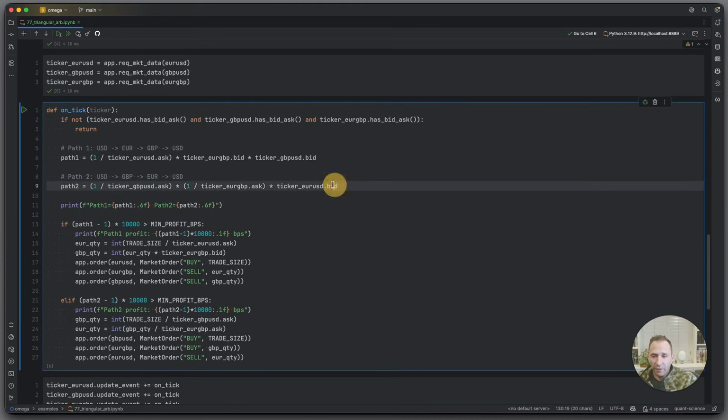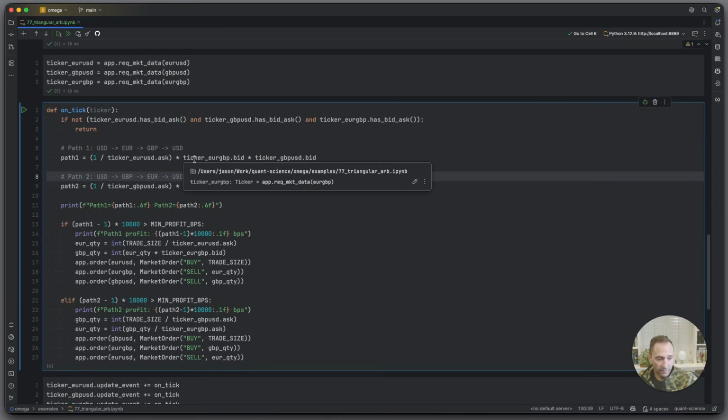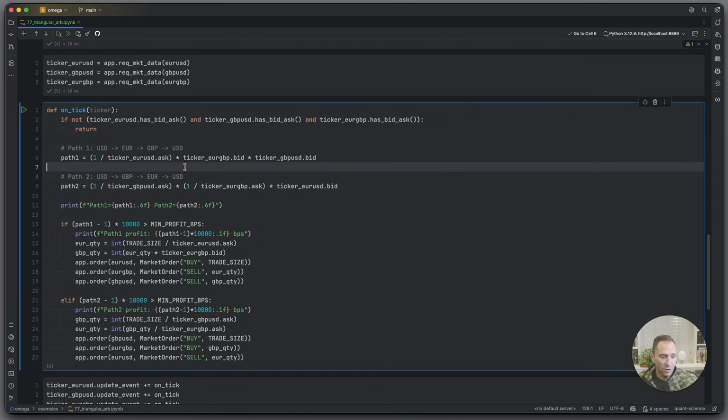If this is greater than 1, we have an arbitrage opportunity. Now, the other thing to note here is that we are using the bids and the asks. The bid is where we sell and the ask is where we buy. So this spread is the cost of this trade. Your arbitrage opportunity needs to at least be greater than the spread.